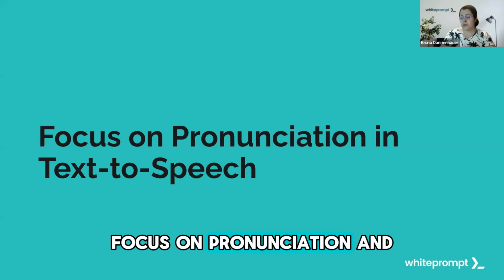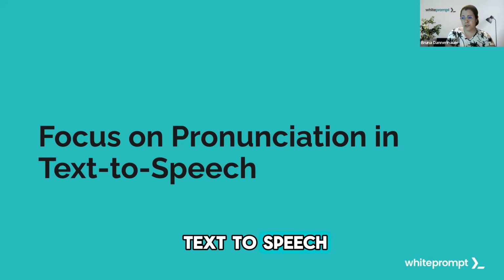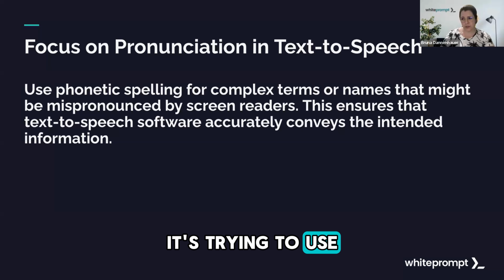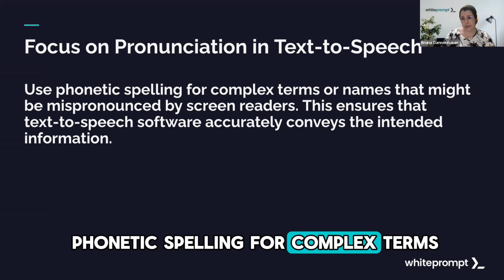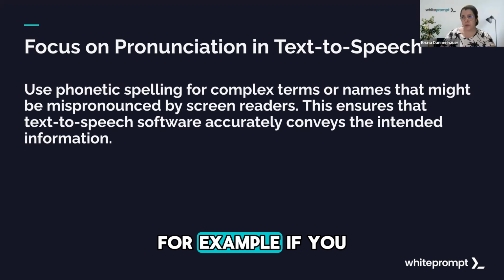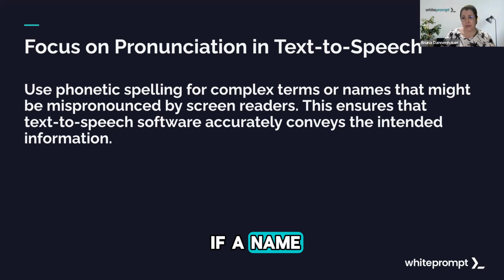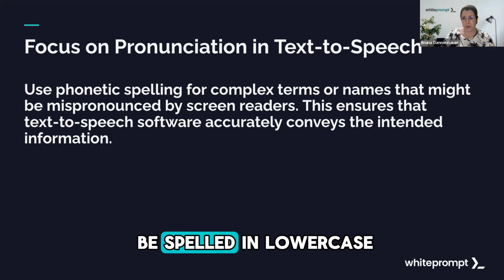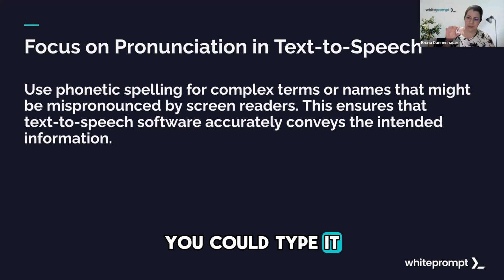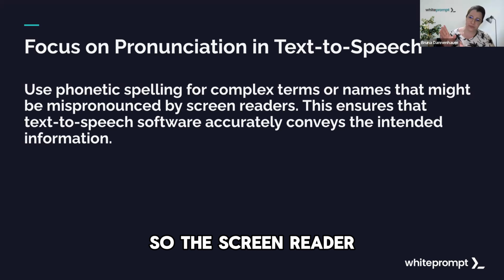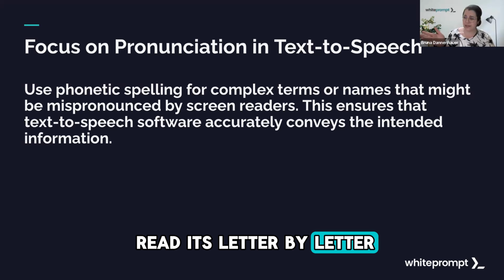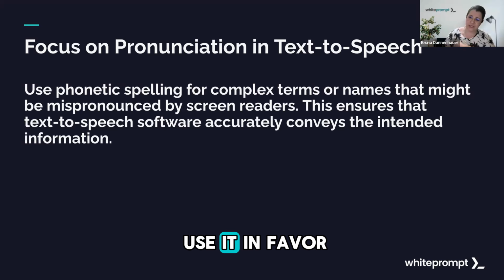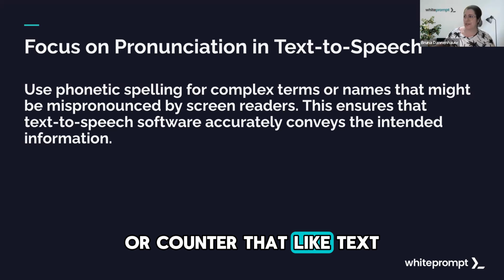A focus on pronunciation and text to speech. It's trying to use phonetic spelling for complex terms. For example, if a name is too complex to be spelled in lowercase, you could type it in uppercase so the screen reader reads it letter by letter, and you can use that in favor of this or counter it.